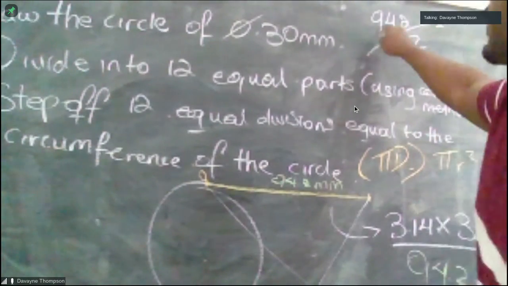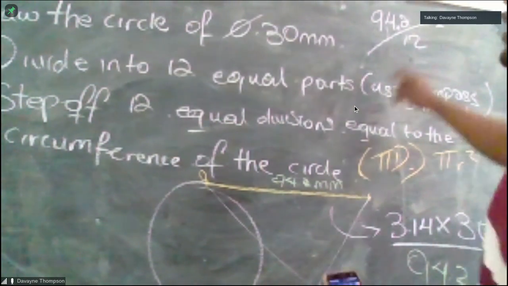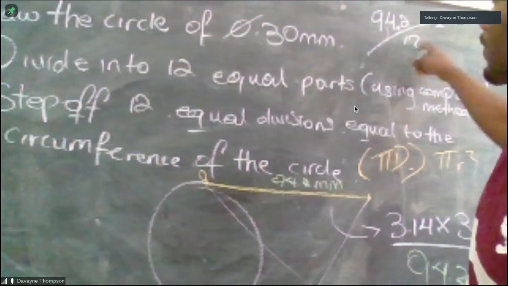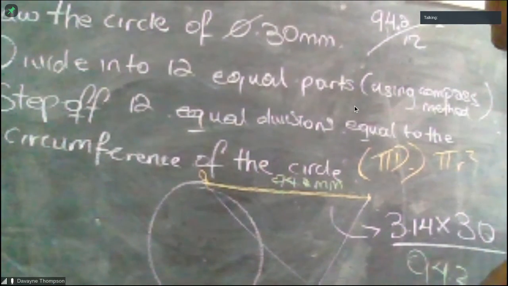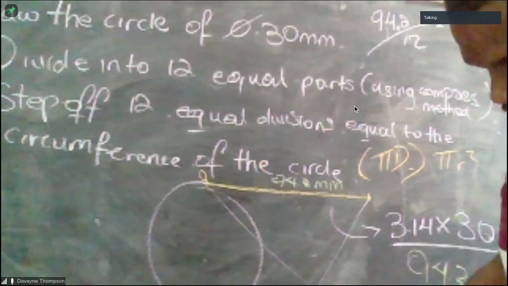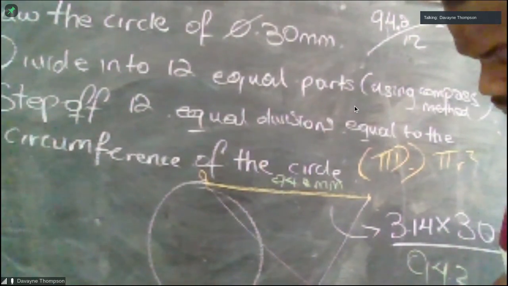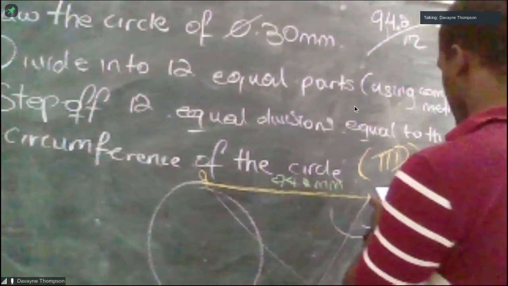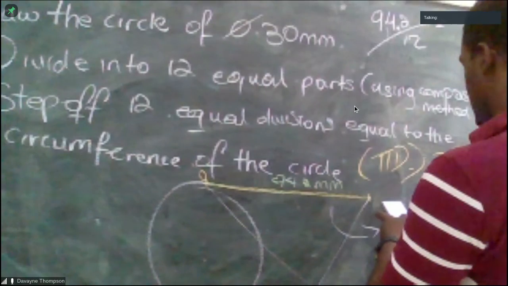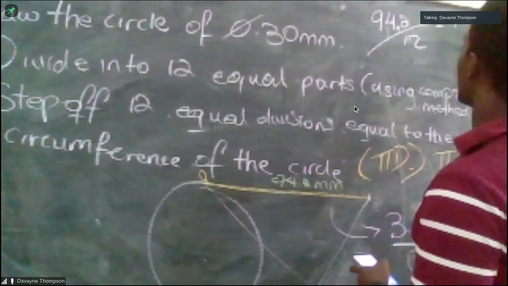What is 94.2 divided by 12? What is this line divided by 12? Or the answer? Isn't it going to be 7.85?